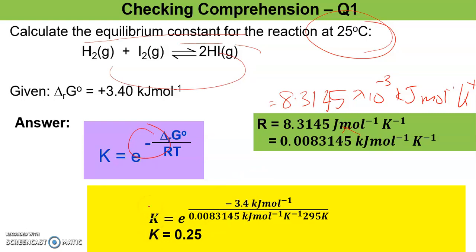So for example, what we need to do is substitute all the values in our equation. Here we have 3.4 kilojoule per mole. What we need to do is use either this or this one. Here I use 0.008345 kilojoule per mole per Kelvin.